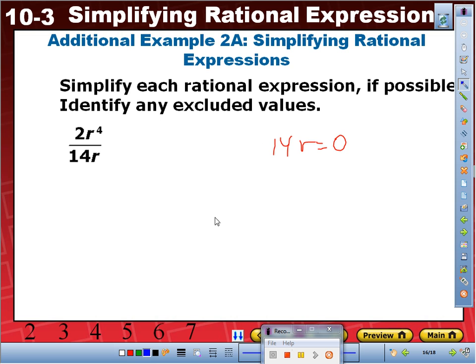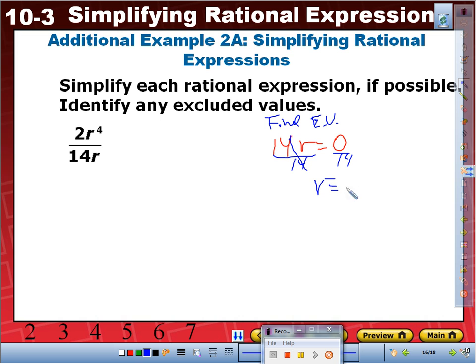So to solve that, right now I'm finding my excluded value. To solve for R, I need to divide by 14. Divide by 14. R cannot be what? So the excluded value is 0. So another way of saying that we cannot include it is R cannot be 0. Okay, this is my EV.